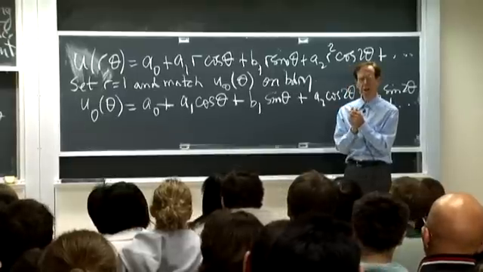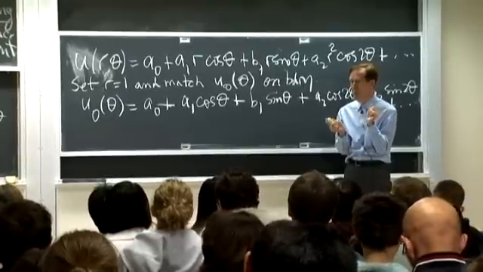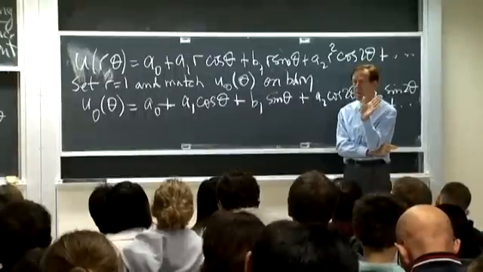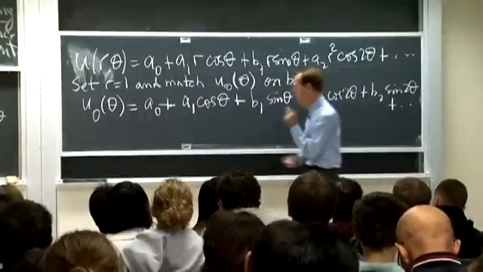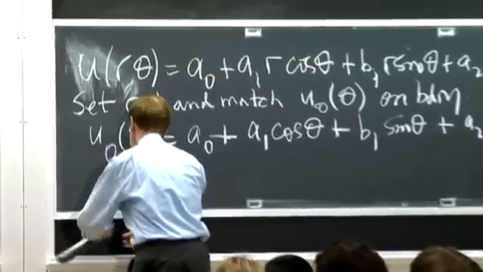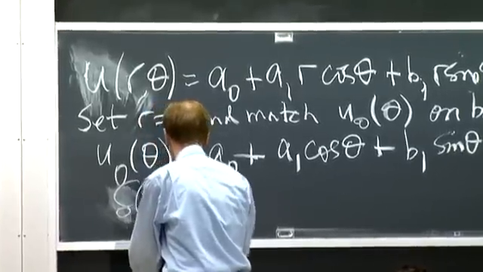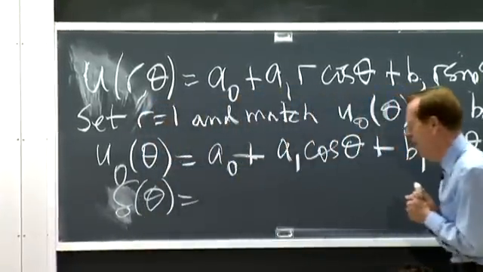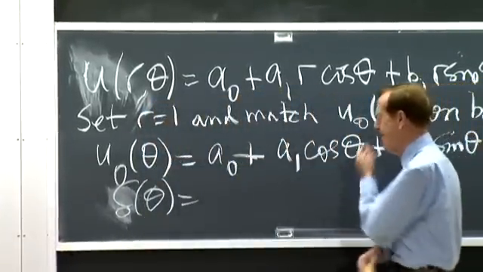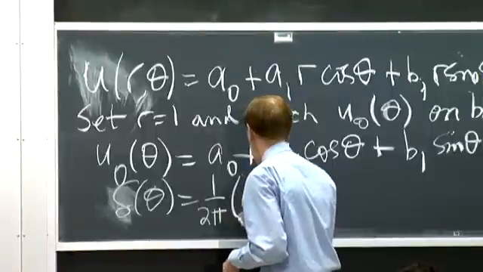Would you want to know it? I mean, we'll know it well in November. Would you want to know it in October? This is Halloween, I guess, so I'll tell you what it is, since you insist. Delta of theta, I think there's a 1 over 2 pi or something.